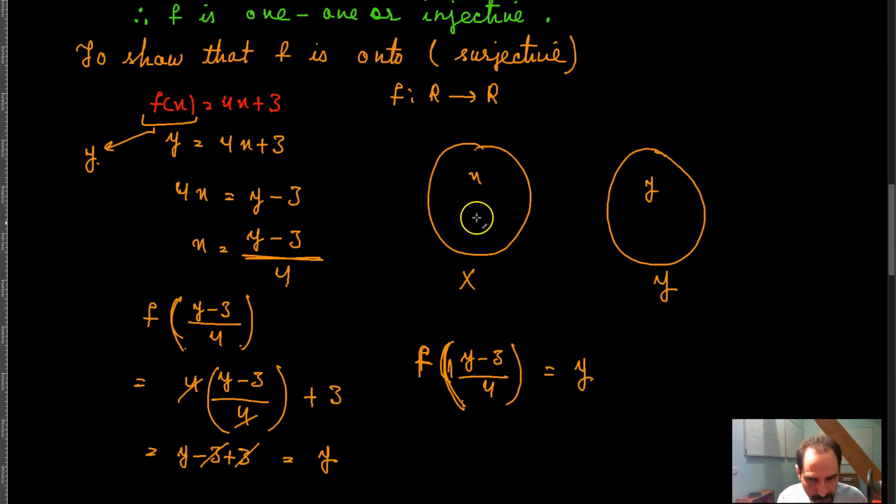Now, if I can make sure that y minus 3 divided by 4 belongs to the set of real numbers, then of course over here I have all of the members of the real numbers at my disposal, and so I can use each and every one of those members to get to any y that I might have in the codomain of the function.